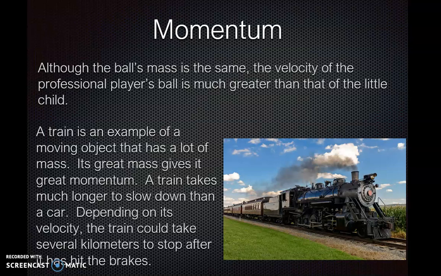Depending on its velocity, the train could take several kilometers, several miles to stop after it has hit the brakes. But the Mini Cooper could hit the brakes within a matter of, I don't know, 40, 50 feet and probably stop just fine, where the train would have to take a couple of miles to slow down. And again, that's due to its momentum, due to its mass.